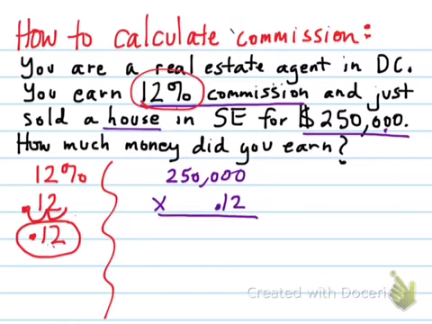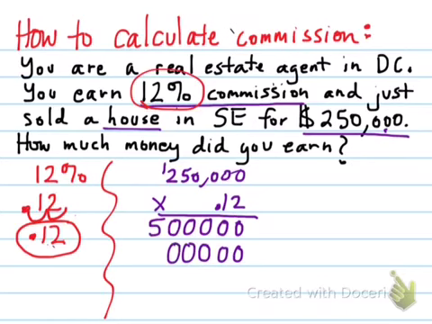So this is a review of multiplying a decimal by a whole number. 2 times 0 is 0, 2 times 0 is 0, 2 times 0 is 0, 2 times 0 is 0, 2 times 5 is 10, carry my 1, 2 times 2 is 4, plus 1 would be 5. Add my placeholder, 1 times 0 is 0, 1 times 0 is 0, 1 times 0 is 0, and 1 times 0 is 0. 1 times 5 is 5, and then 1 times 2 is 2.